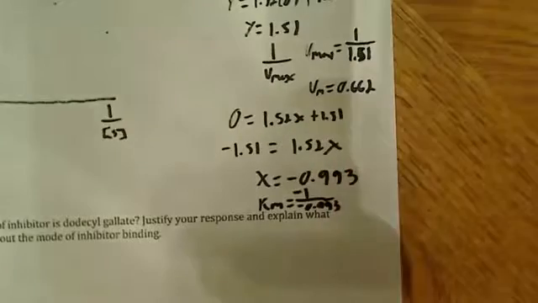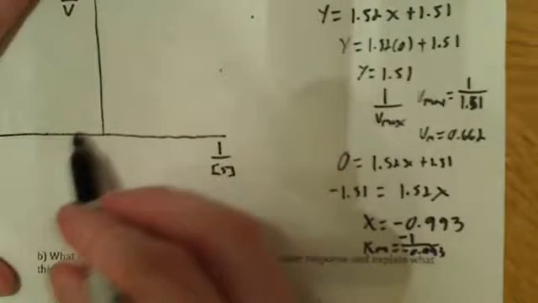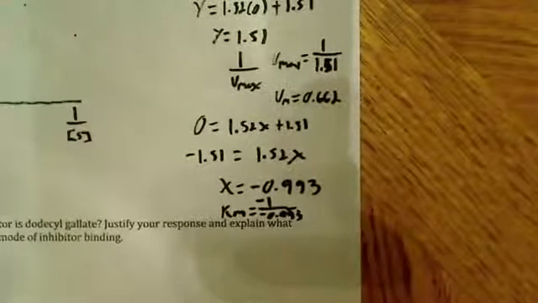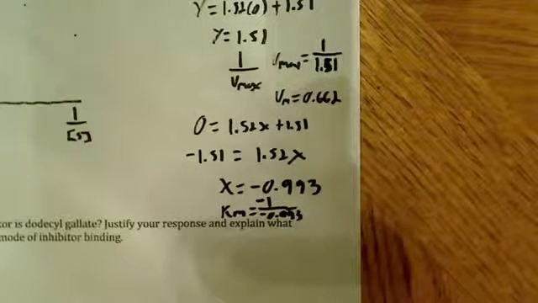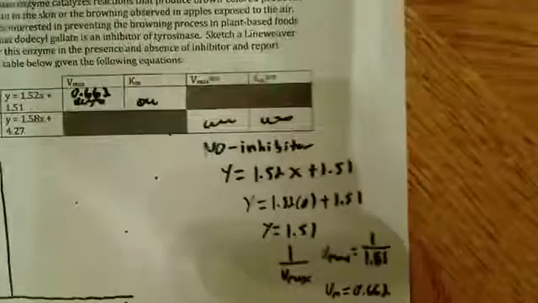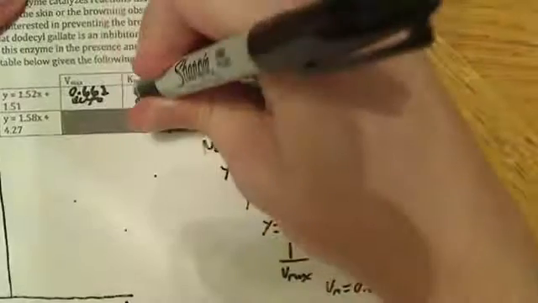This should be negative, remember, because where this crosses the x-axis is in the negative x position. So it should be negative 1 divided by negative 0.993, right? That's what we got. And we get roughly 1.01. So the Km is 1.01.